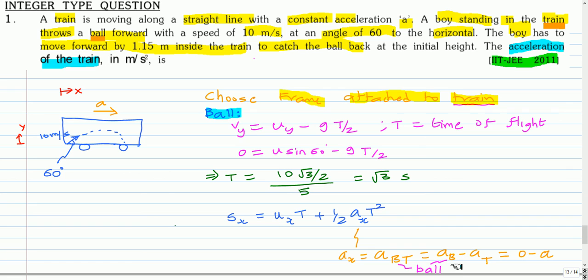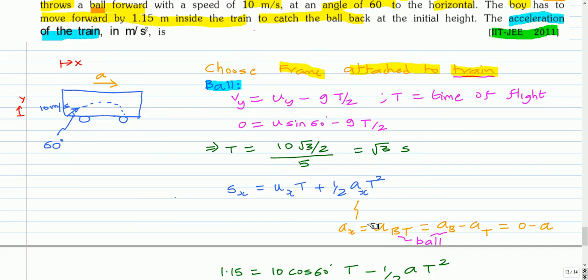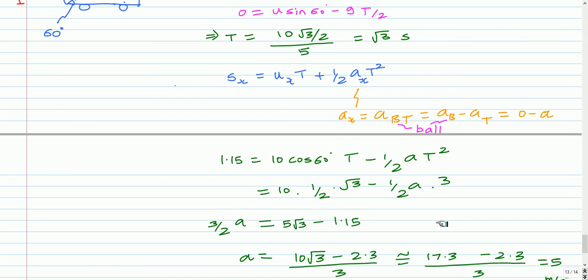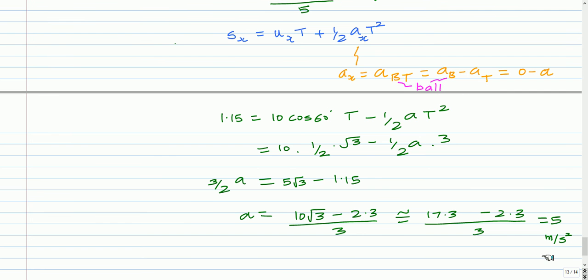So acceleration of the ball with respect to the ground is 0, and acceleration of the train in the x direction is minus a. So ax is minus a, and sx is 1.15, and ux is u cos 60, and u is 10 meters per second. From this we can get the value of a as 5 meters per second square.